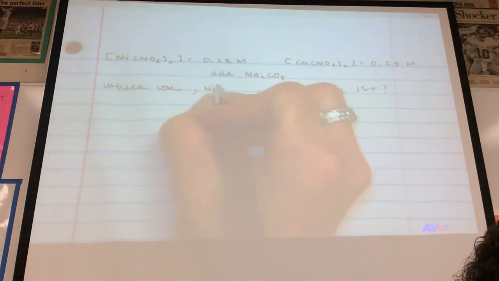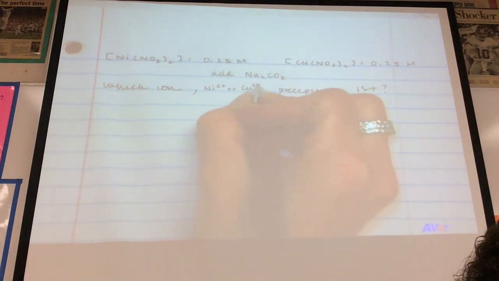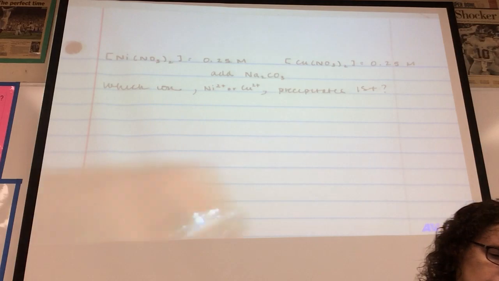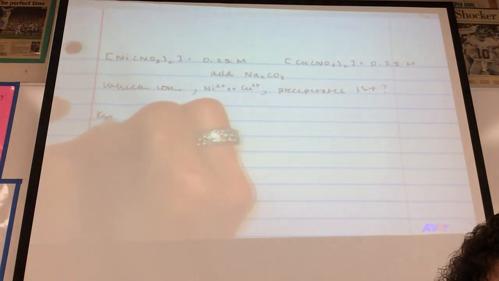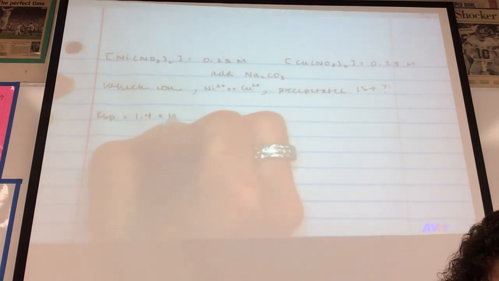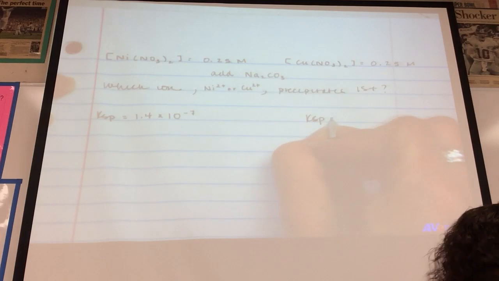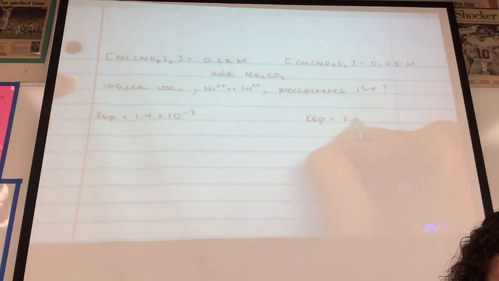Nickel 2, and? Okay. KSP on this side is 1.4 times 10 to the negative 7th. KSP on this side is 2.5 times 10 to the negative 10.